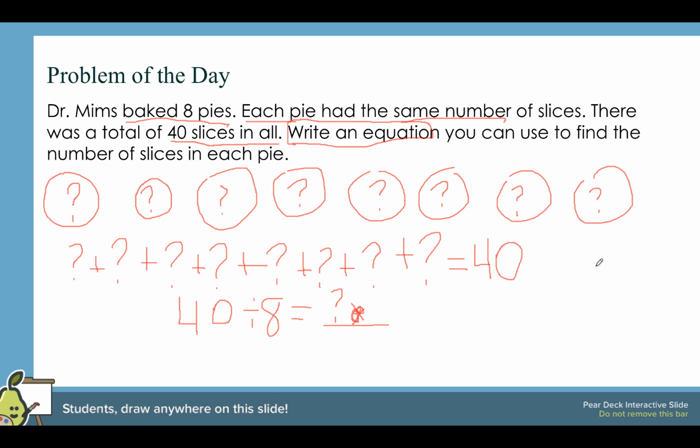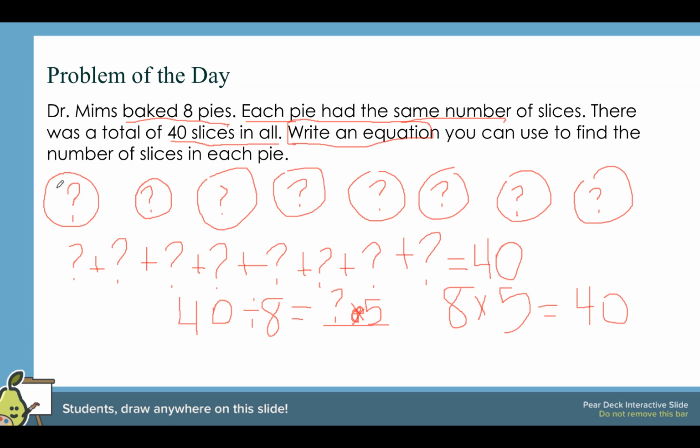So I could say 40 minus 8, get my difference. Whatever that difference is, say minus 8, and keep subtracting 8 until I have 0. And then that would be my answer. Okay, but because I know 8 times 5 equals 40, I know that the answer is 5.